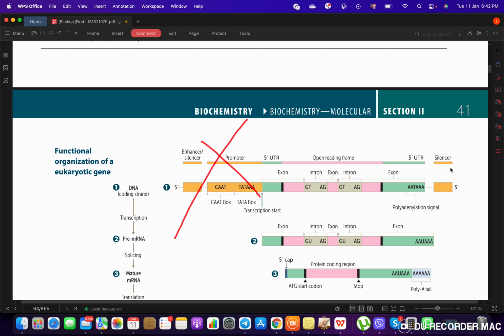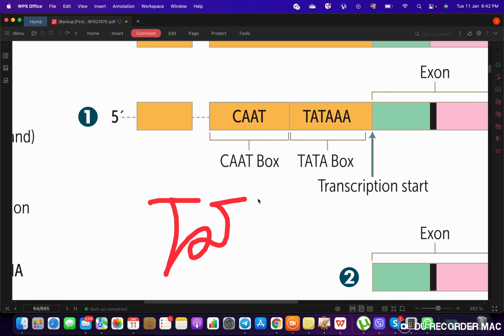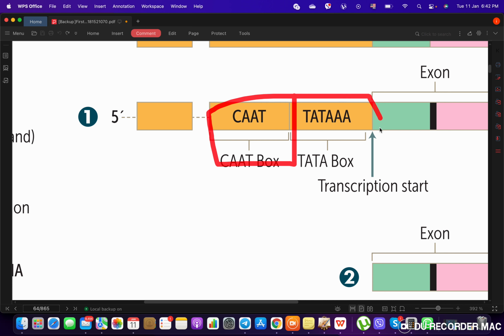Somebody is asking, can we have only TATA or only CAT? Well, here is the thing. It's actually all TATA, which means it's like TA. But yes, it's possible to have both.